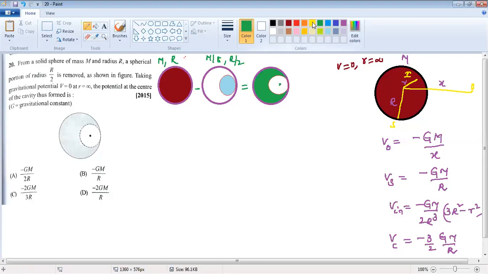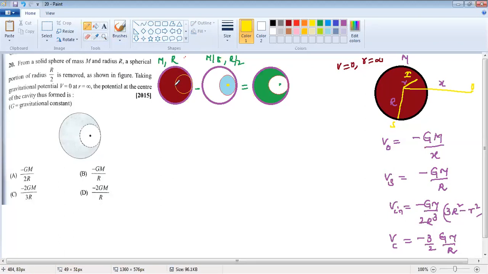Very, very important point. Please listen. This point, for this smaller one, becomes the center. For this one, look here.